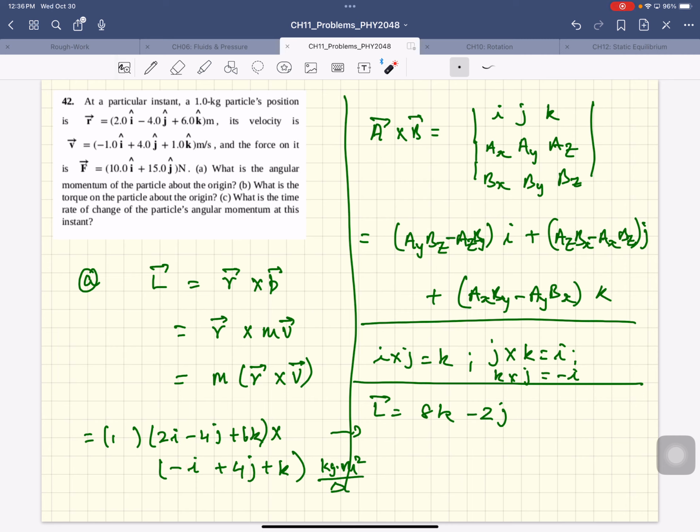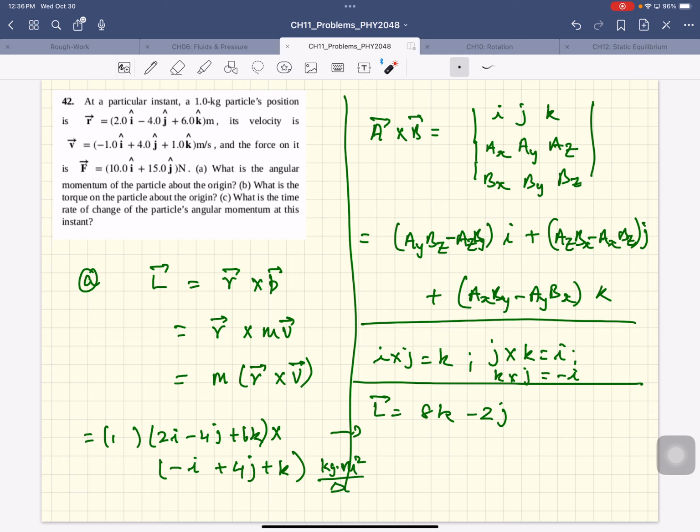The way you remember this is i cross j is k, and j cross i is minus k. You go in a circular fashion: j cross k is i, and k cross j is minus i.